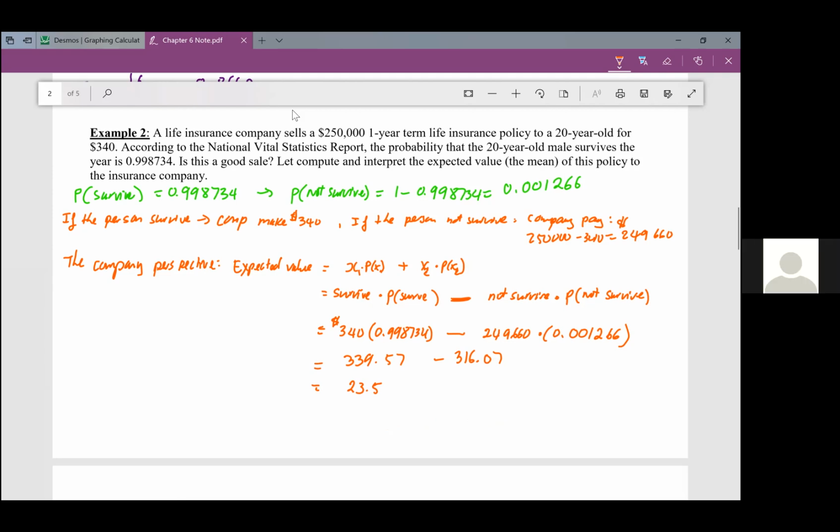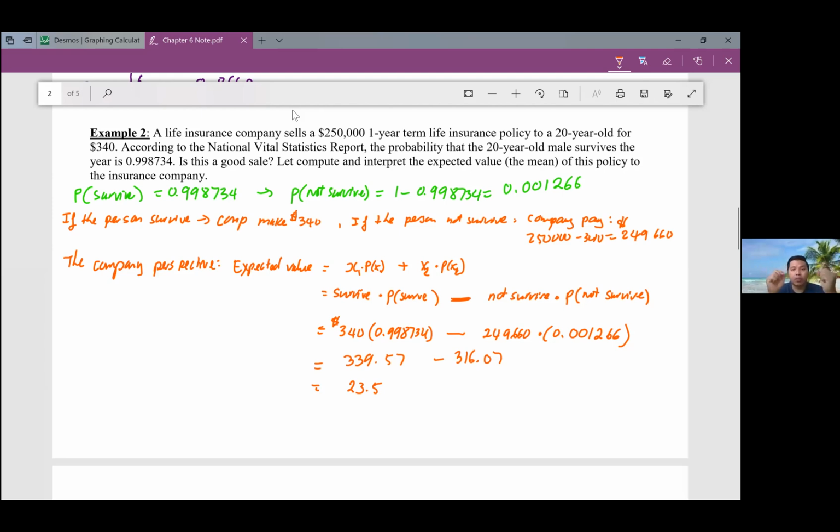I have a question. How come for the company perspective expected value, for that equation, addition was used, but then you subtracted the values? I get why you subtracted the values, but how come it's addition initially? Because subtraction means that they're losing the money. So they want to see how much can they take in, and then how much are they gonna expect to lose.